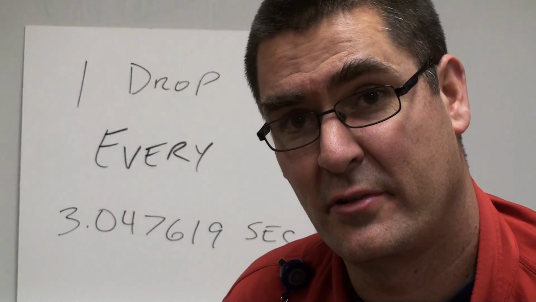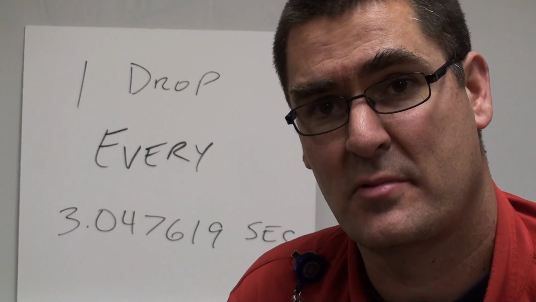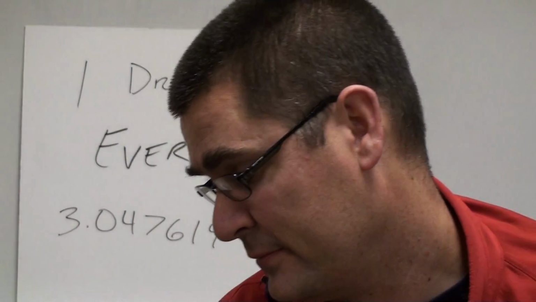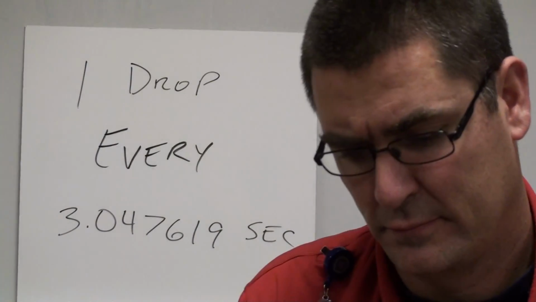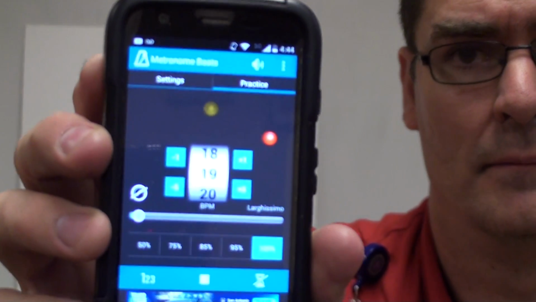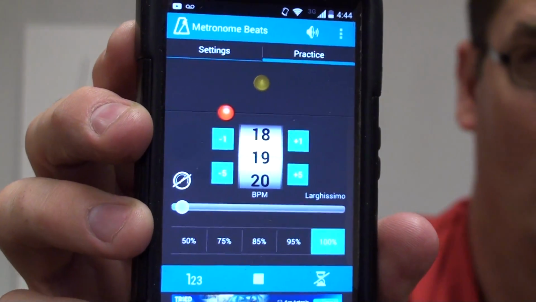Now, here's something else you can do. You ready for another little secret? Watch this. Very simple. Say you want to do 19 drops a minute. Here's something you do with no formula. Look at that. What is that?